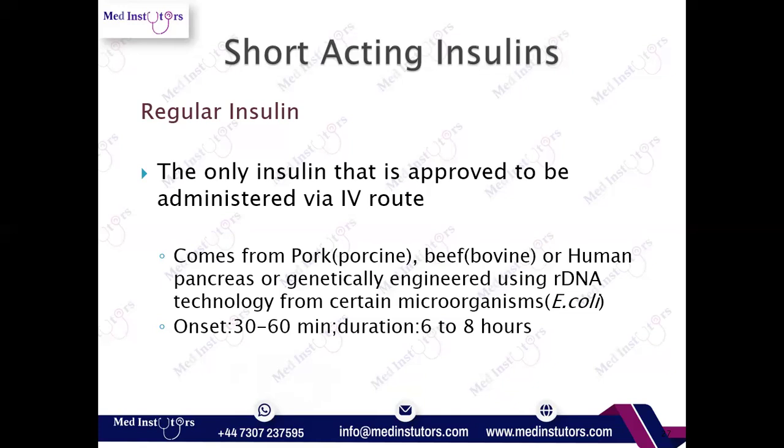Initially our regular insulin was taken from the porcine source, sometimes the beef source, and even from the human pancreas. But later on, recombinant DNA technology using E. coli revolutionized the synthesis of short-acting regular insulin. Onset is within 60 minutes, and it can last for 6 to 8 hours.